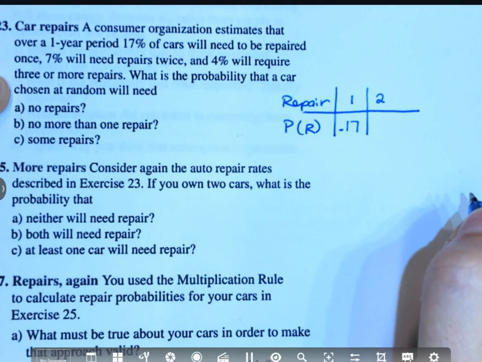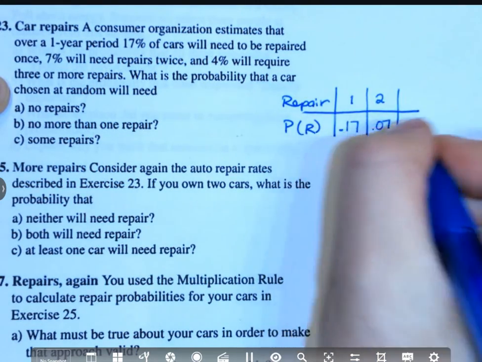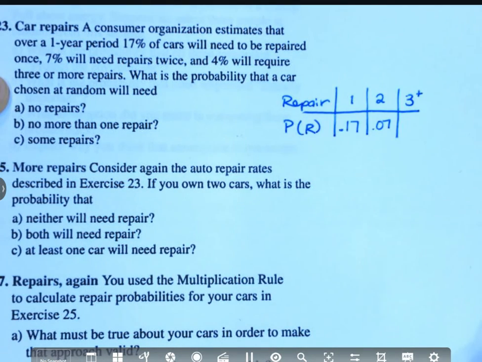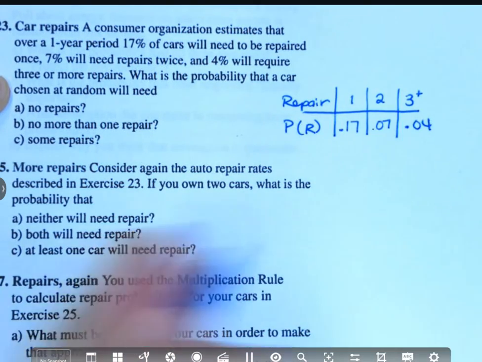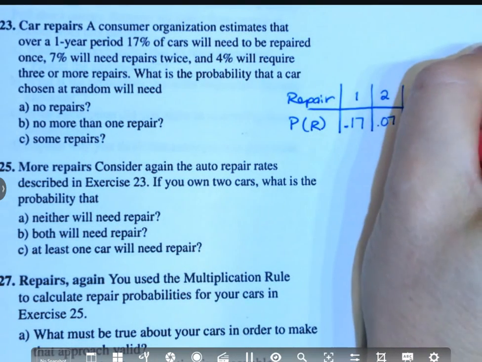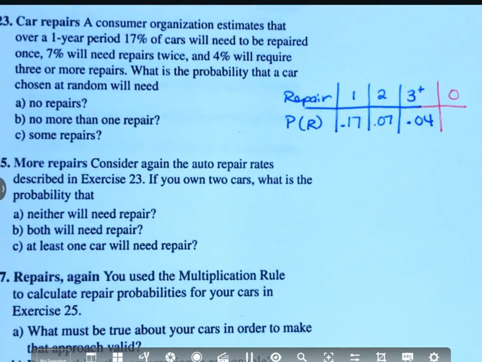Twice was. And 3 or more would be. So is that a correct probability model? What about 0? Because what are my probabilities all supposed to add up to? 1. Those do not add up to 1. So that means I have to tack in that other case of having no repairs.